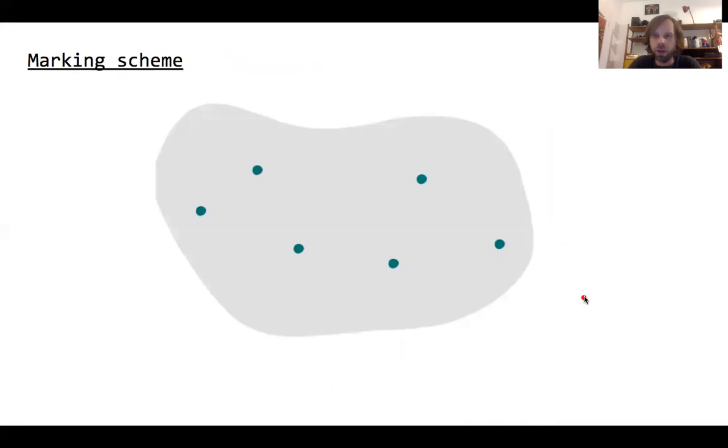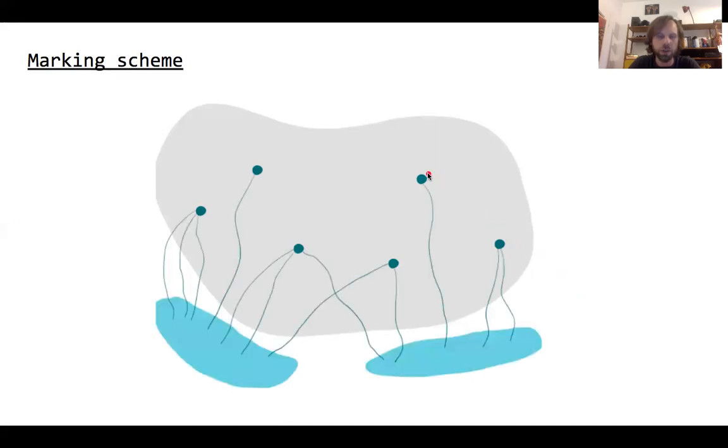Let me move to our marking scheme. So this is a schematic drawing of some planar graph with a set of terminals. So the terminals are the only vertices which might be connected to the outside world.